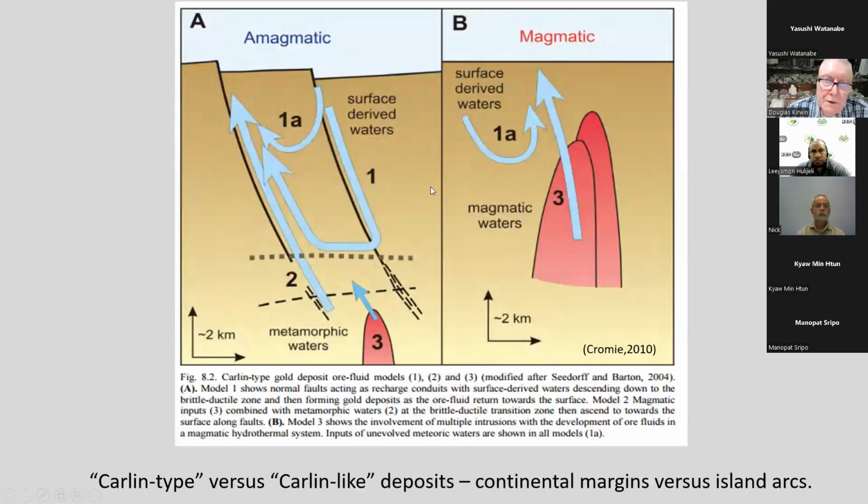And this just simply shows some of the highlights, the differences in the fluid sources and somewhat the tectonic setting. So the ones in the island arcs shown on the right, to me, very obviously have a magmatic fluid source and source of mineralization.